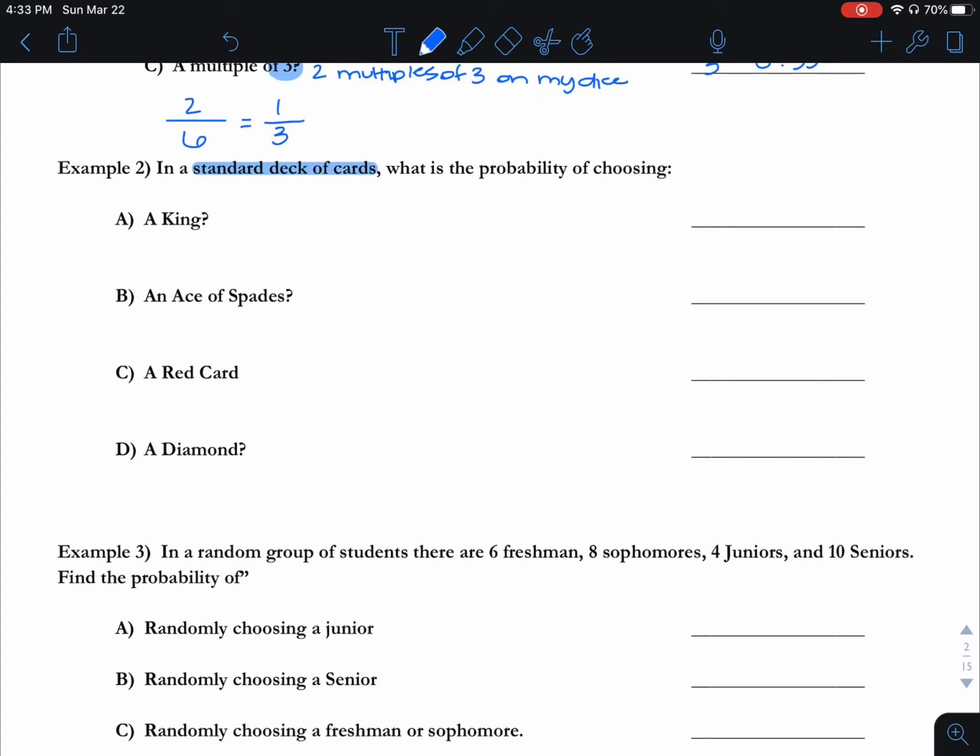Take a minute. You can count the picture above. How many cards do I have? I should have gotten 52 total cards.